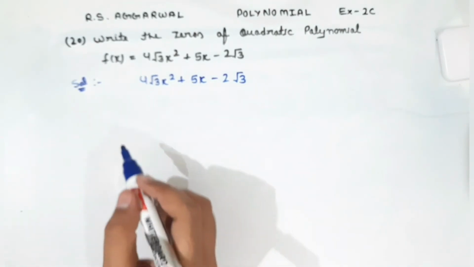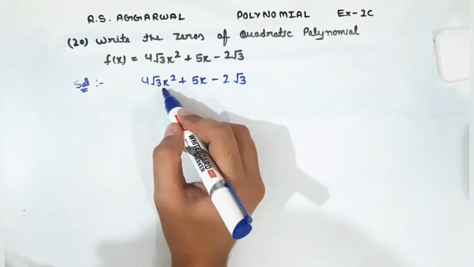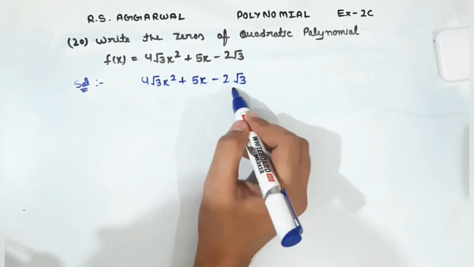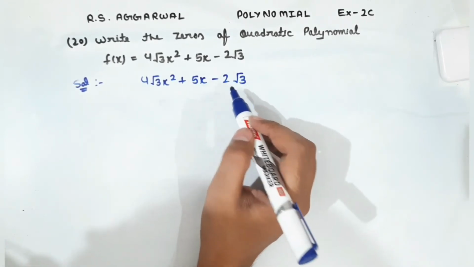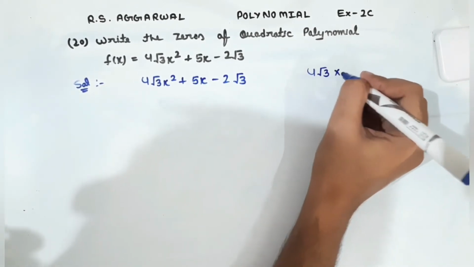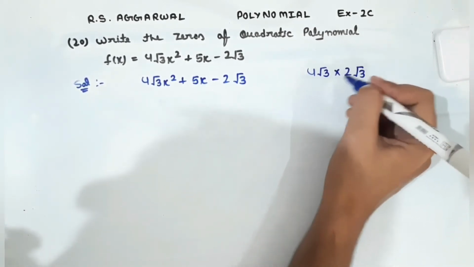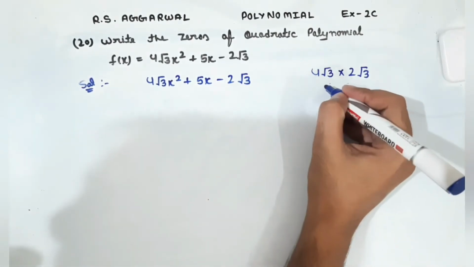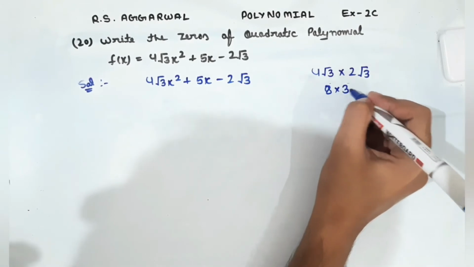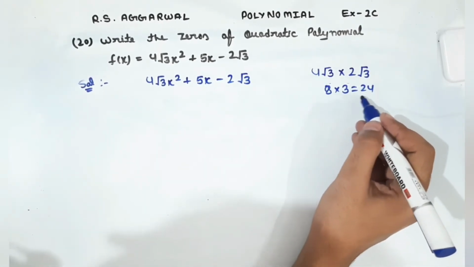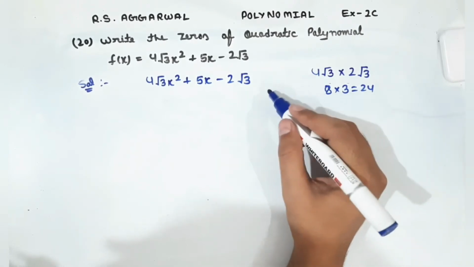In this problem, our coefficient of x square is 4 root 3 and the constant term is minus 2 root 3. So when we multiply 4 root 3 by 2 root 3, it will give 8 into 3, that is 24. So we have to find factors of 24 such that their difference is 5.